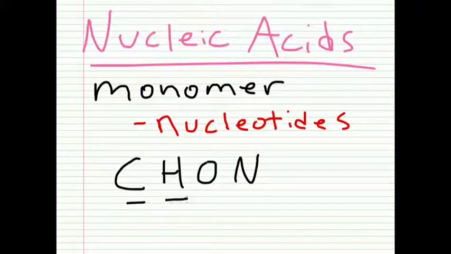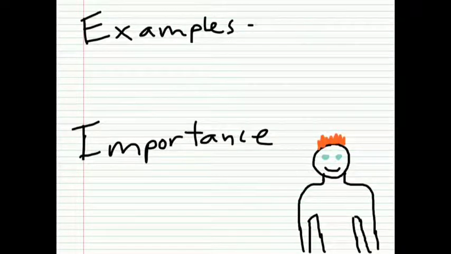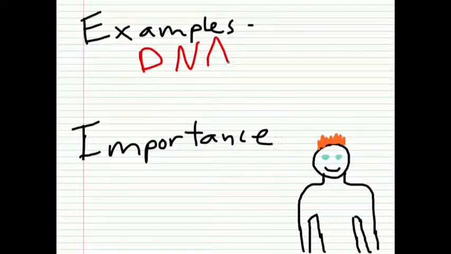Carbon, hydrogen, oxygen, nitrogen, but they also contain one in addition, phosphorus. Now if we want to look at examples, simple. DNA and RNA.